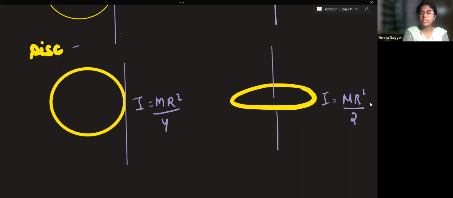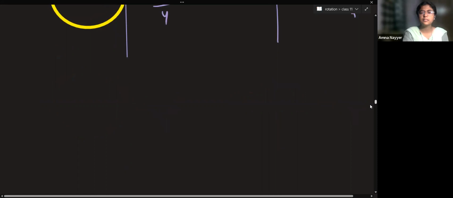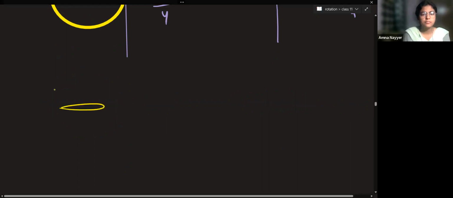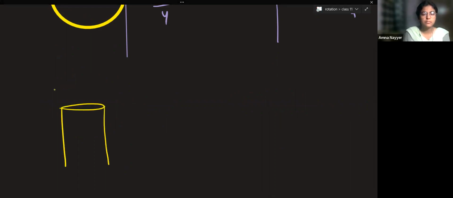Same thing, coming to cylinder. Let's say this is a hollow cylinder.